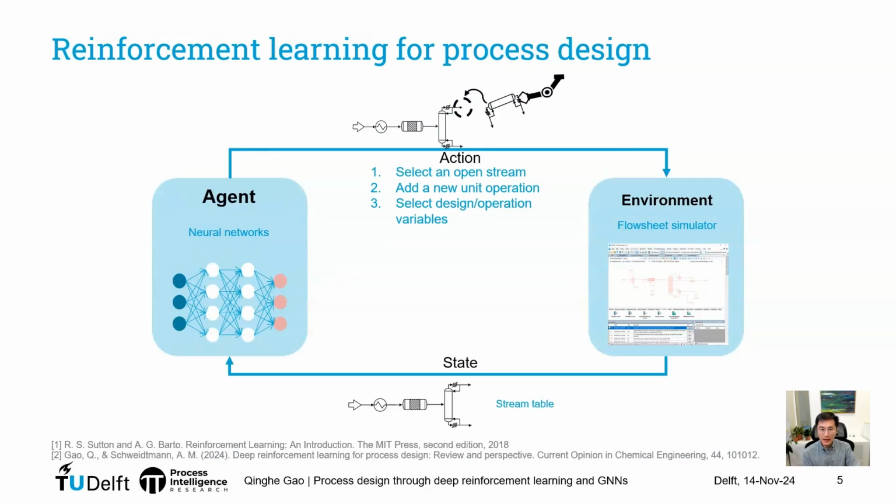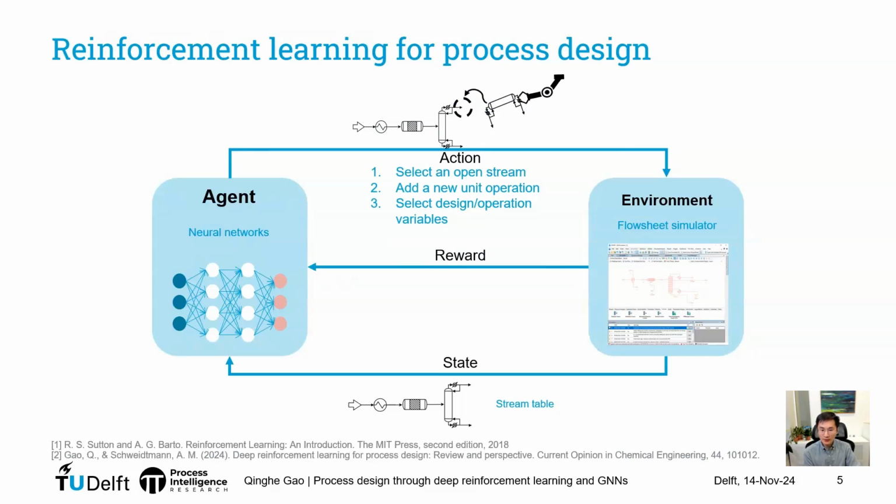For example, the agent could select an open stream, add one unit operation, and then select corresponding design or operation variables. Then the new flowsheet is resimulated in the process simulator, and the environment gives the agent feedback based on the reward function. This is only one step. We need to repeat the whole process until the flowsheet is completed, which we call one episode end.